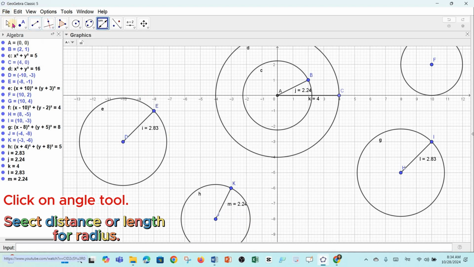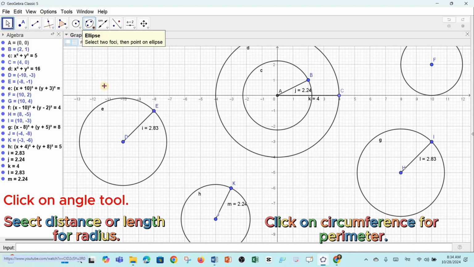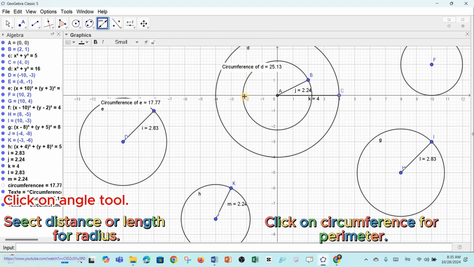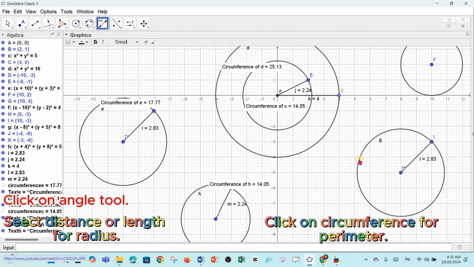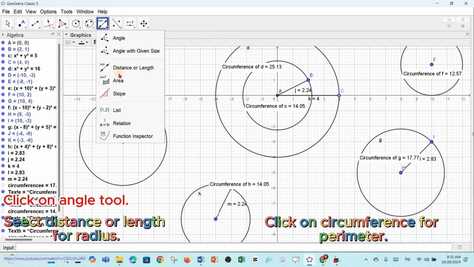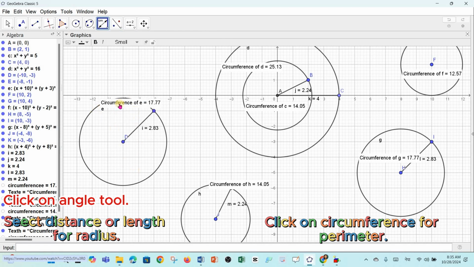Yes, radius is okay. And if you click on its circumference, then it gives the perimeter. Like this, its circumference is given. That means from the angle toolbar, you just click on distance or length and then click on it.